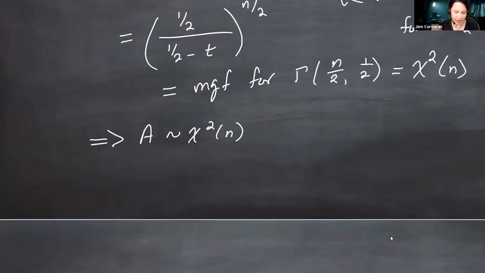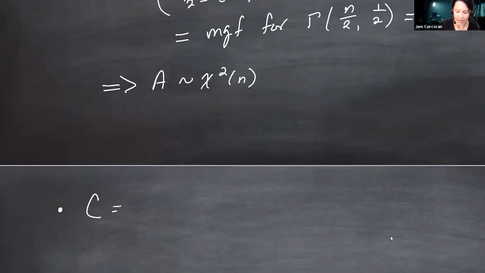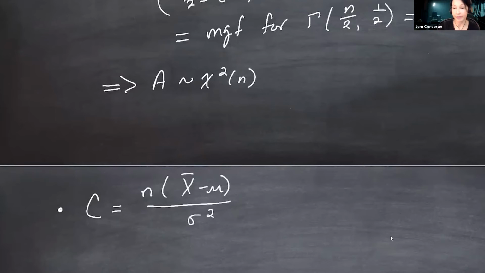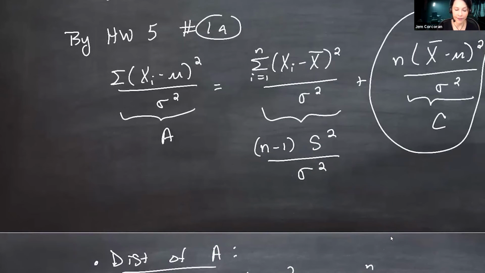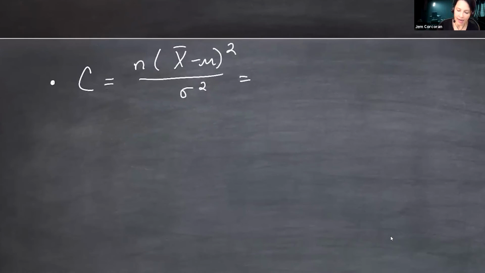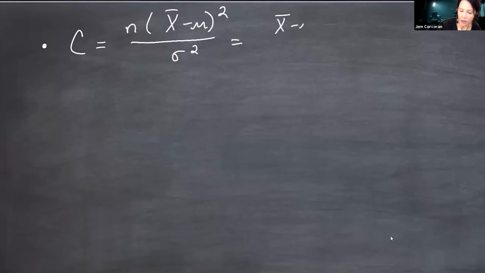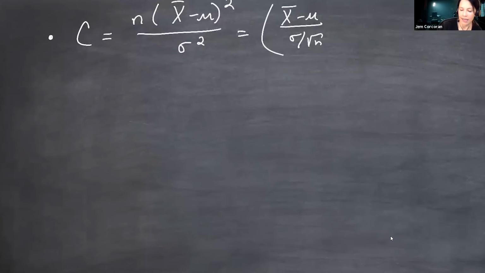Okay, let's look at the distribution of C. So C is n times (x bar minus mu) squared over sigma squared. The x bar minus mu was also squared in this C. So I can rewrite this as (x bar minus mu over sigma over the square root of n) squared.